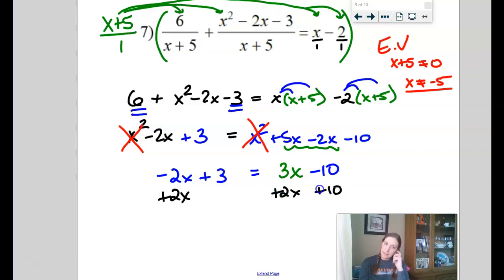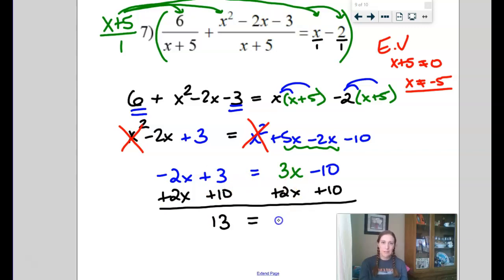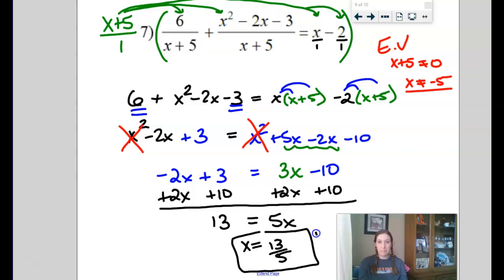And since I'm bringing x's to the right, I'm going to bring constants to the left. All right, 13 equals 5x. Dividing both sides by 5, you get the fraction 13 over 5. Lovely. It wasn't my excluded value, so I get to keep it.